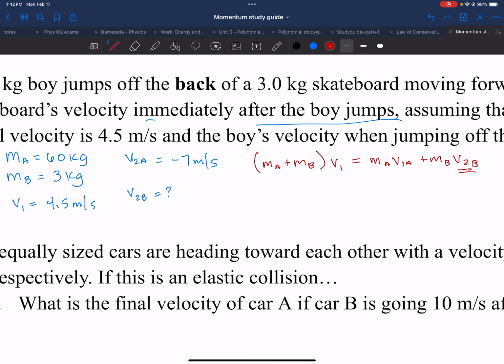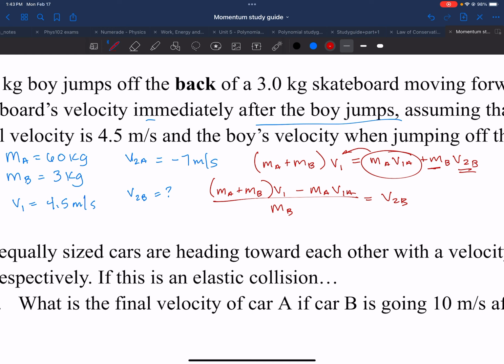So let's subtract this from this quantity: mass of A plus mass of B times V1 minus mass of A V1A. And then I have to get rid of this mass of B, so that whole thing is going to be over the mass of B to get V2B.